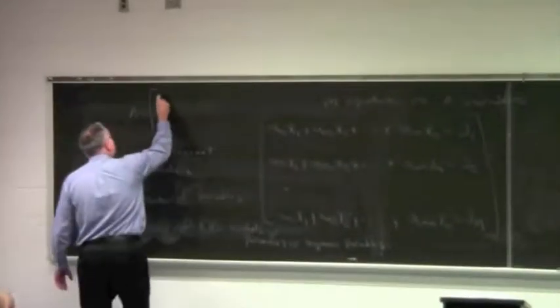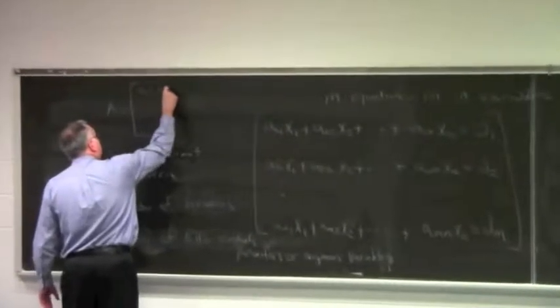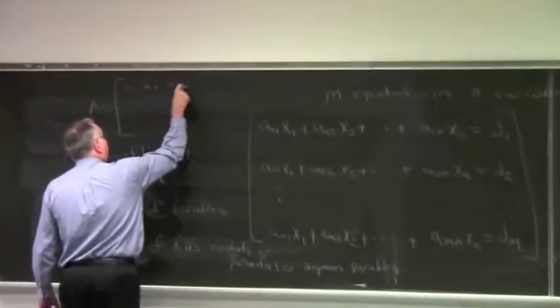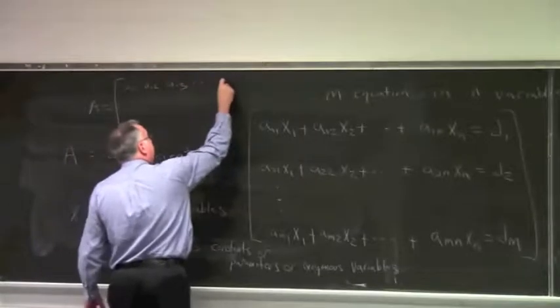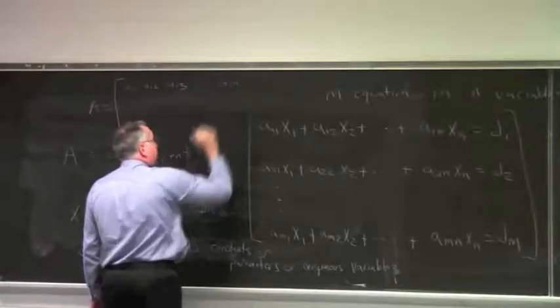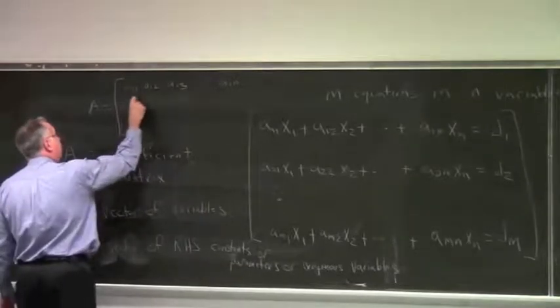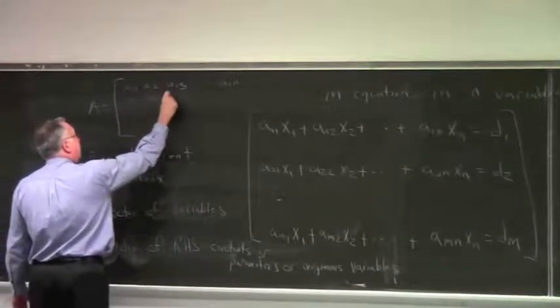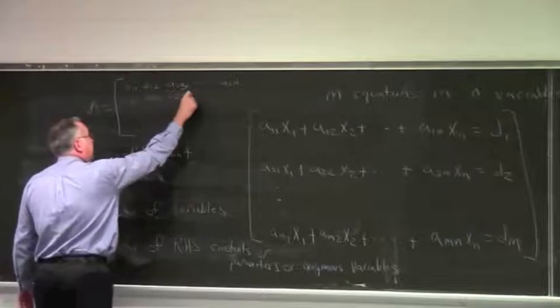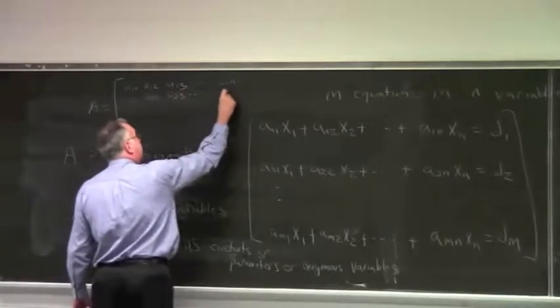For that equation system, the coefficient matrix is just A11, A12, A13, dot, dot, dot, A1n for your first row. And then A21, A22, A23, dot, dot, dot, A2n.